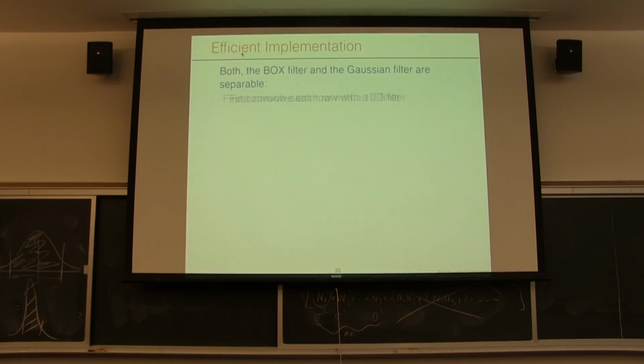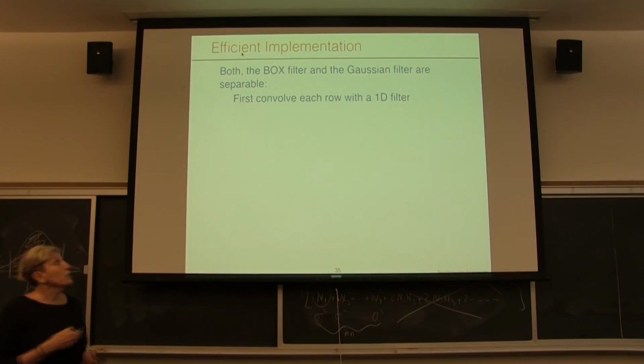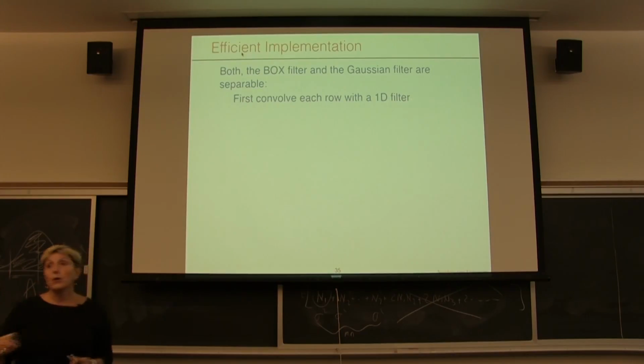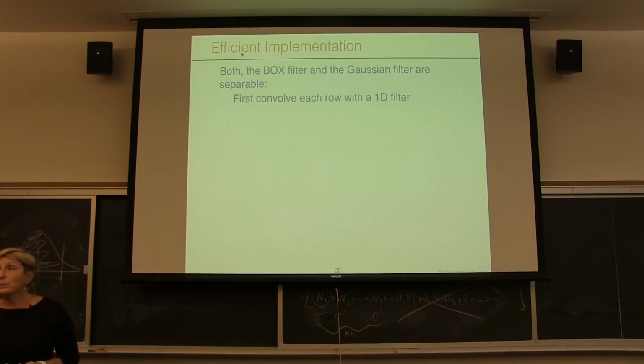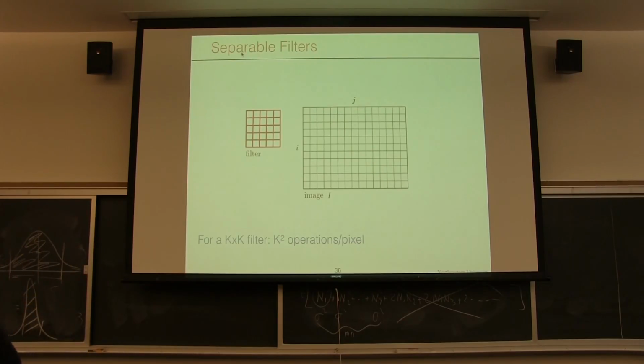So what we're going to do is, instead of convolving with a 2D filter, we first convolve each row with a 1D filter, and then we take the output of that and apply a 1D column filter. Let's see why that might be beneficial in terms of operations.